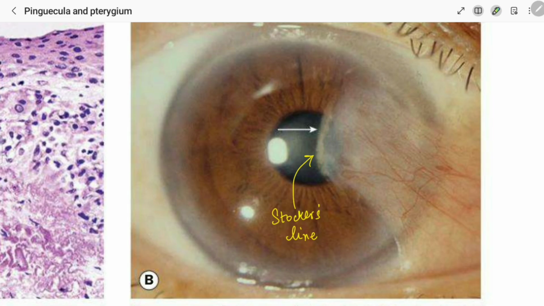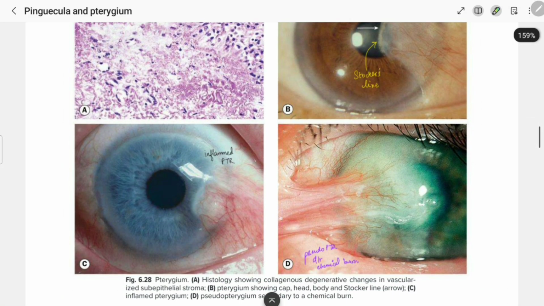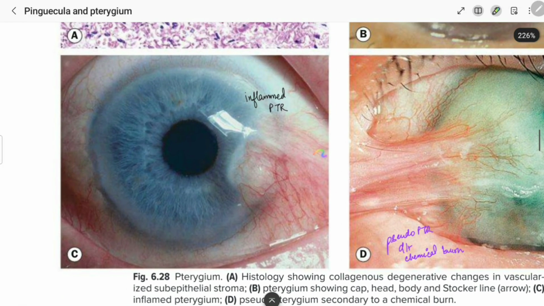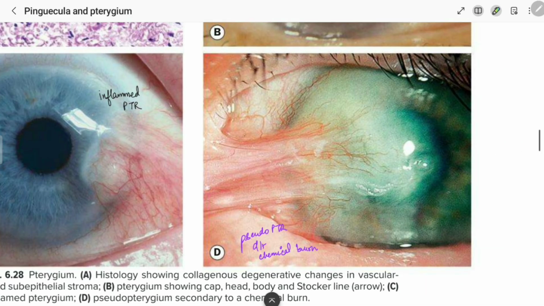This is a line of iron deposition at the cap of pterygium, and this is known as Stocker's line. Then this is showing redness in the area of pterygium, increased vascularity. So this is an inflamed pterygium, and this is a typical pseudopterygium which has occurred due to a chemical burn.